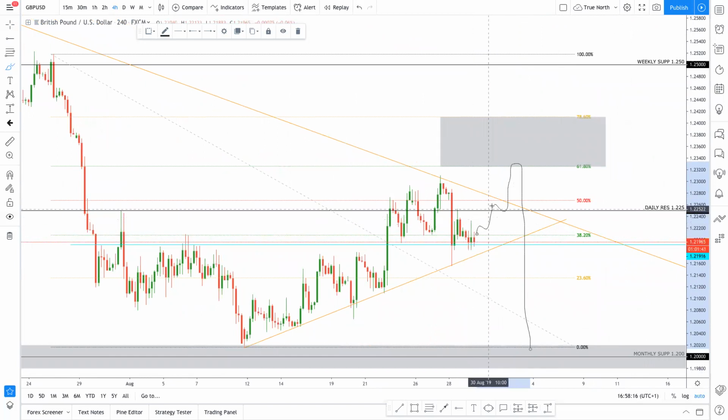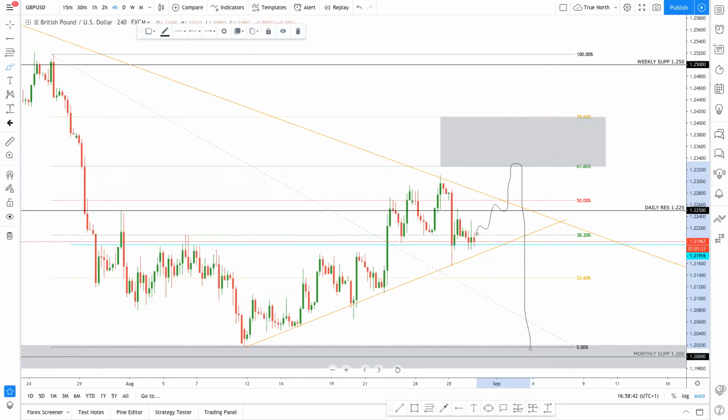But what I'm expecting is for price to fake out of the trend line, catch people on the wrong side of the market, get people going long, and then price action confirmation will occur, either at an evening star, tweezer tops, or a bearish engulfing. We'll look for these signs on the 30-minute, 1 hour, 2 hour, and 4 hour time frame. And I feel like we're going to see this shoot all the way back down to here.